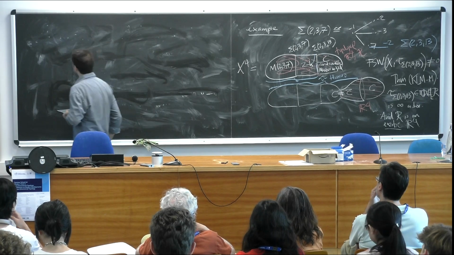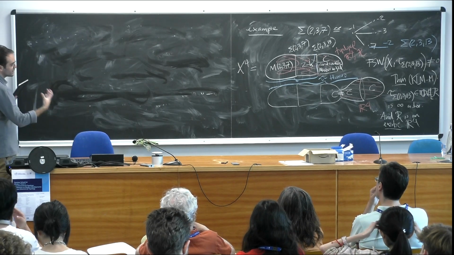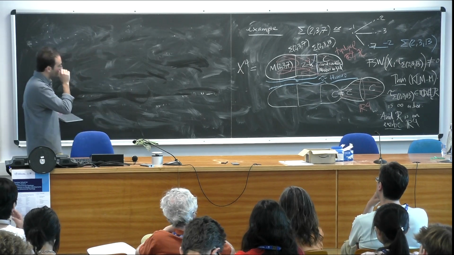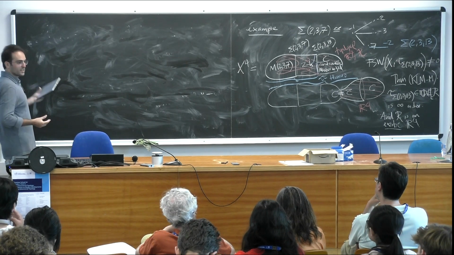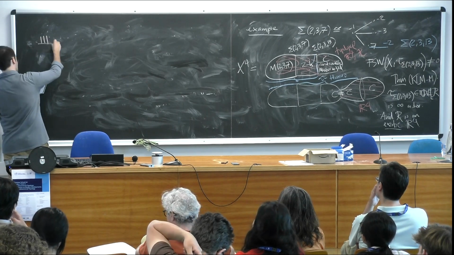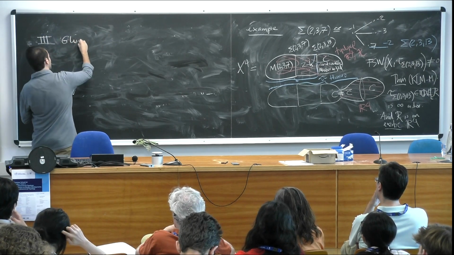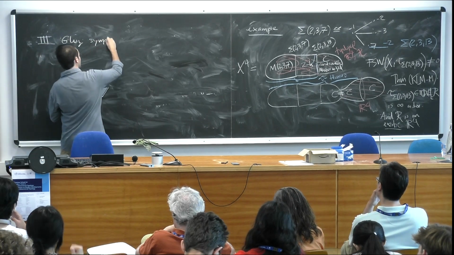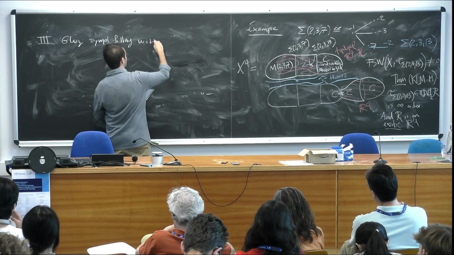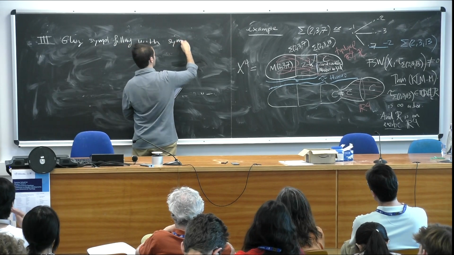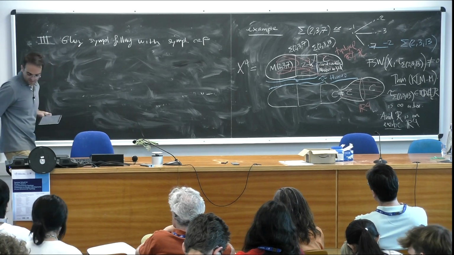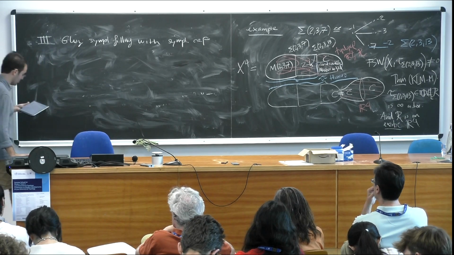So we've discussed symplectic fillings and negative definite caps, gluing those two things, but the really interesting thing would be to take a symplectic filling and glue in a symplectic cap. So this is a situation that doesn't work quite well.